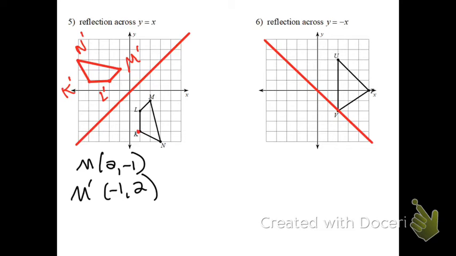Just look at that one point. Pick any one point. What do you think happens? Okay, what happened to the x and the y? They just reversed. So your rule would be, for anything where you're going across this diagonal line, y equals x, to get your new point, take your original coordinates and reverse them.